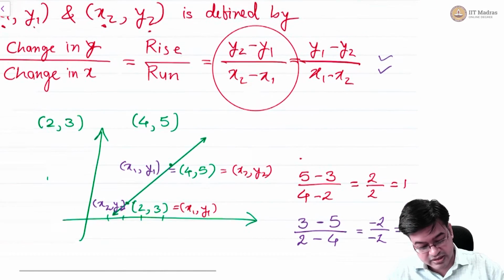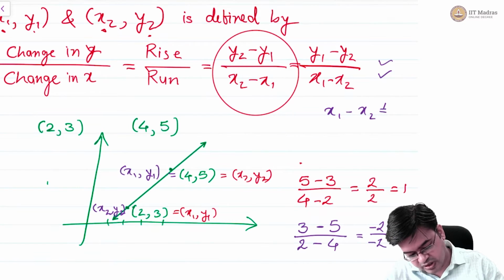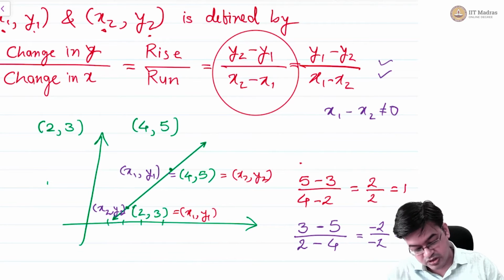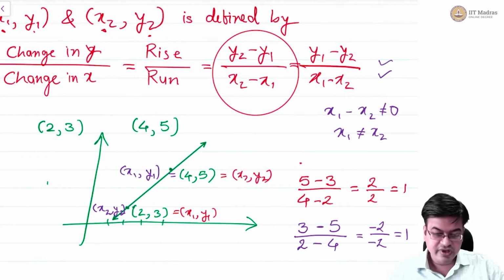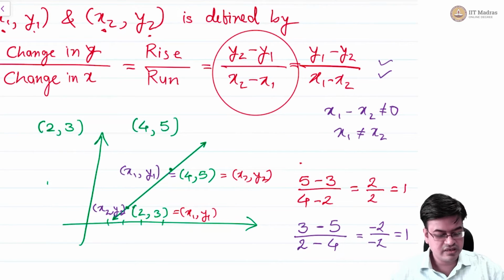Now, this is valid only when x1 minus x2 is not equal to 0, or x2 minus x1 is not equal to 0. To be precise, x1 not equal to x2. If x1 is equal to x2, we cannot compute slope. We will come to it in a few moments.